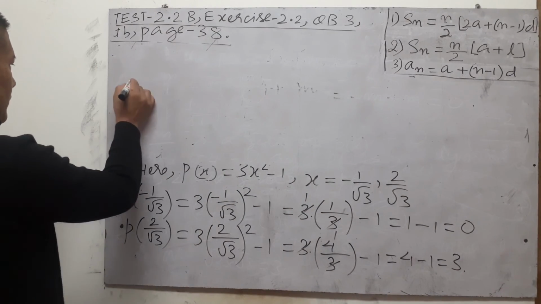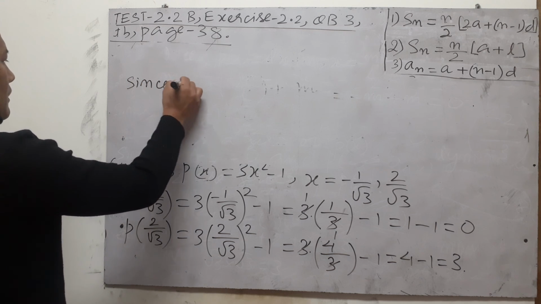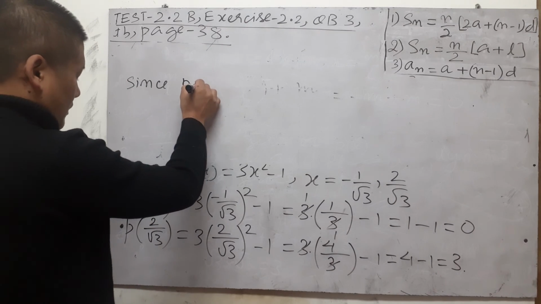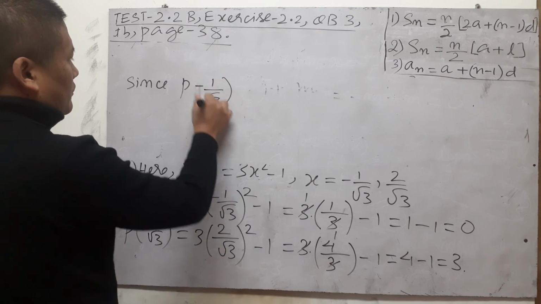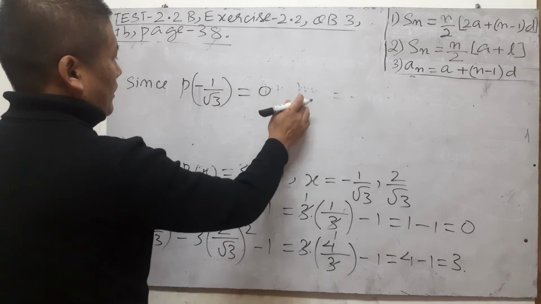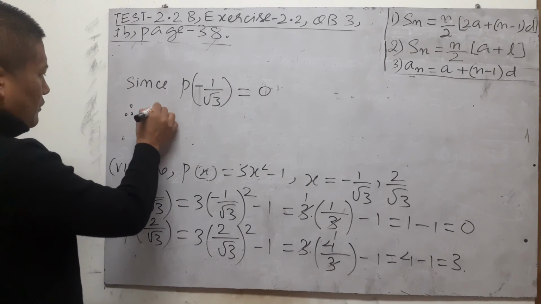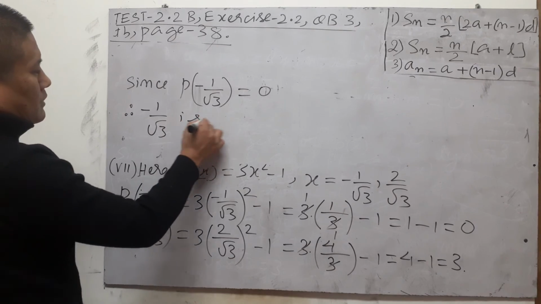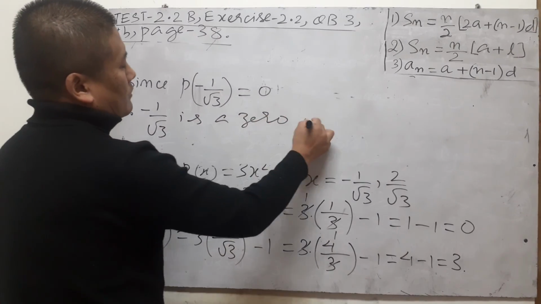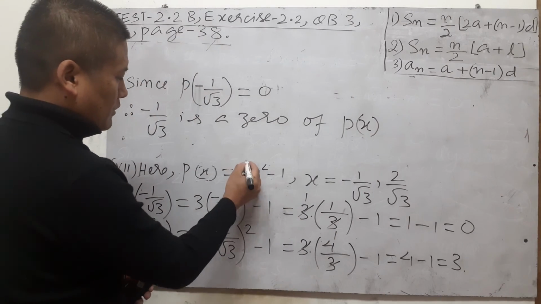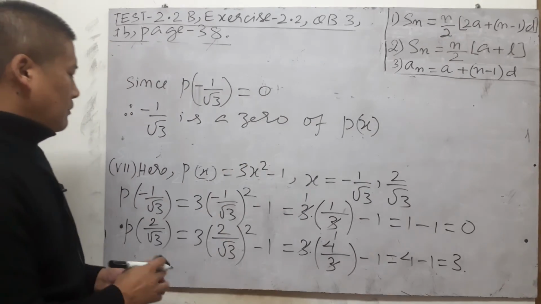Our answer will be, therefore, since p of the first value, p of minus 1 by root 3, is equal to 0, therefore this value minus 1 by root 3 is a 0 of the given polynomial p of x, which is 3x squared minus 1.